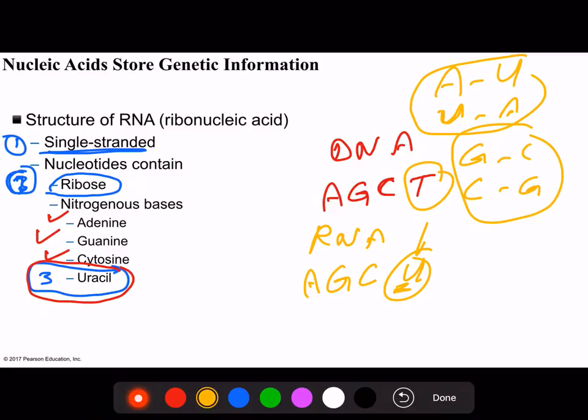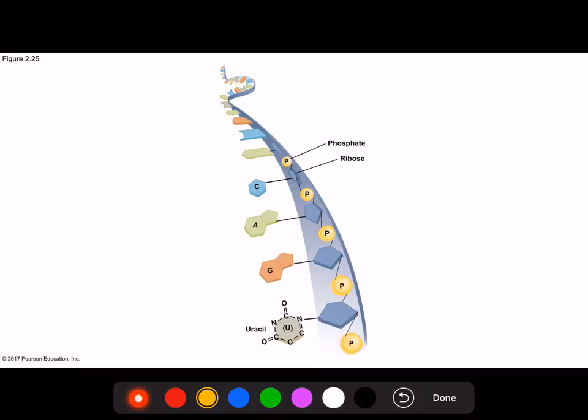Because most of the time, or at least in our course, we are just going to consider that this is a single-stranded molecule. So technically, there is no need to know the pairing for the RNA, but it's again the same structure: phosphate, ribose, and the nitrogen base, phosphate, ribose, and the nitrogen base, and so on, and it's a single strand.